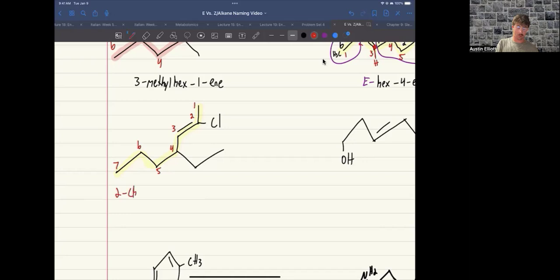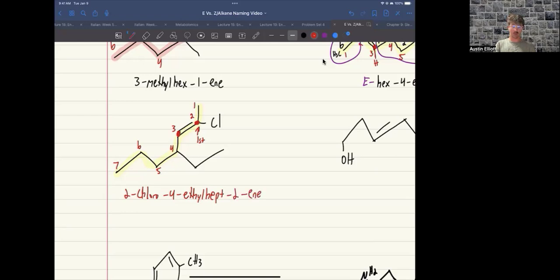So we have a 2 chloro, 4 ethyl, 1 hept. And then we're looking at that first carbon. There were two sp2 carbons, but our first one is where we want to have the lowest number. So we're going to have hept 2.